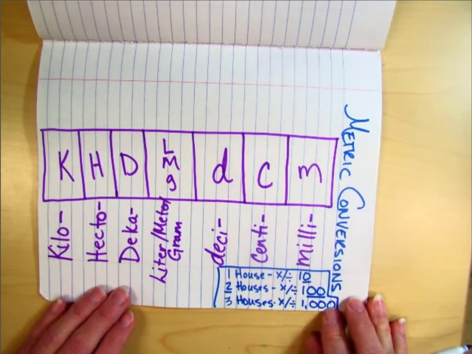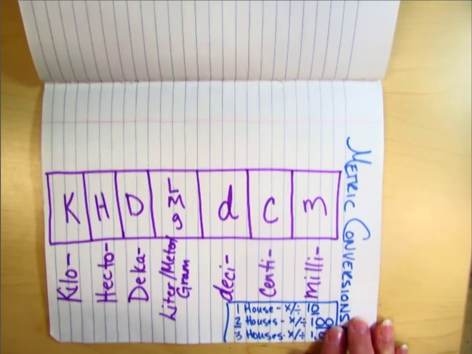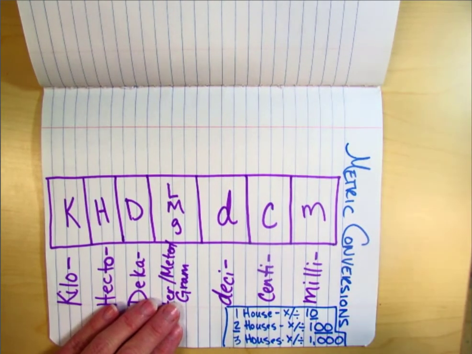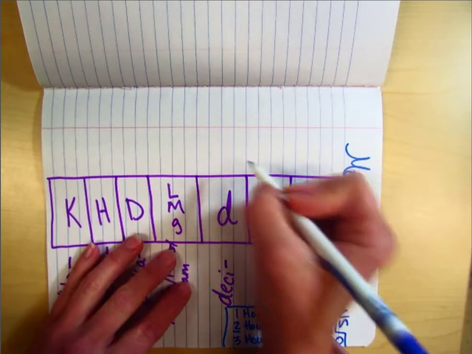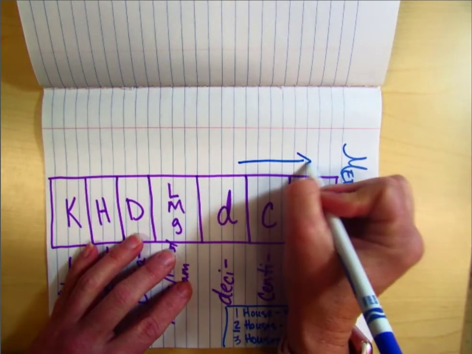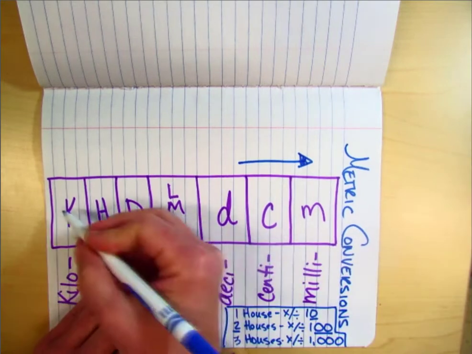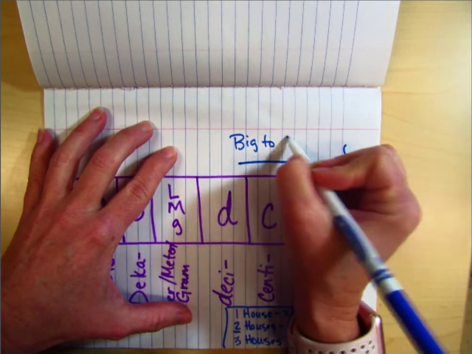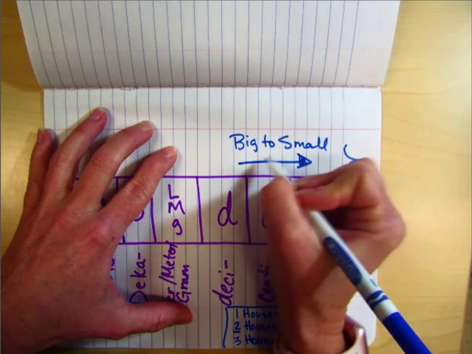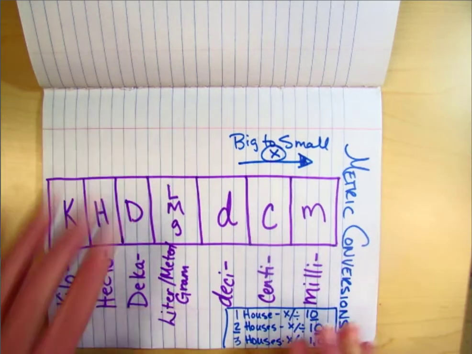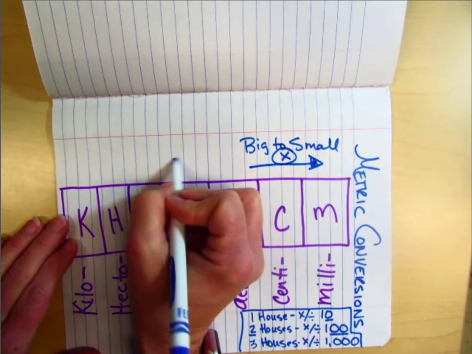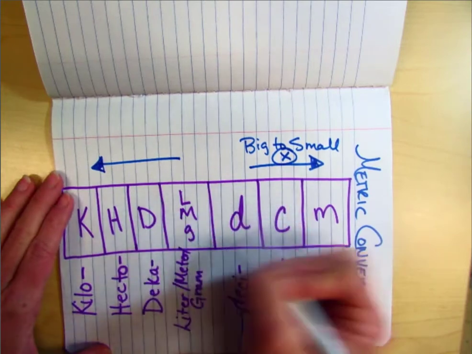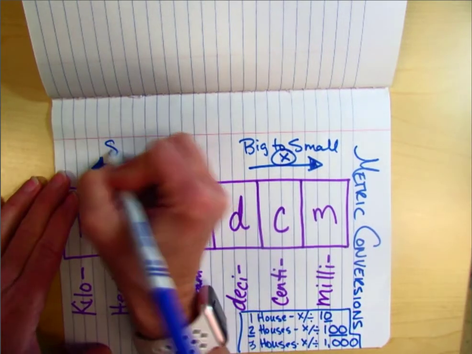So we're still going to use the small to big and big to small that we used before. On metric street, if we're going this way to the right, we're going big to small. So that's how you decide if you are multiplying or dividing. If we're moving this direction on metric street, we're going small to big.